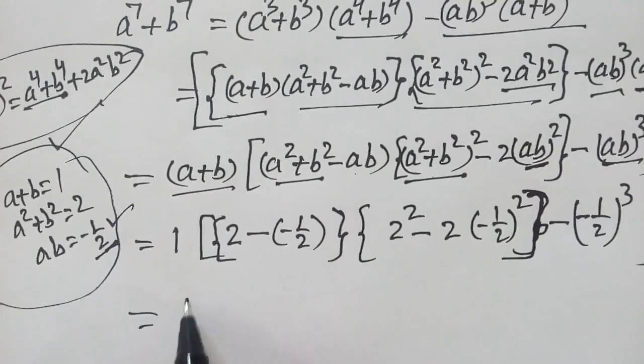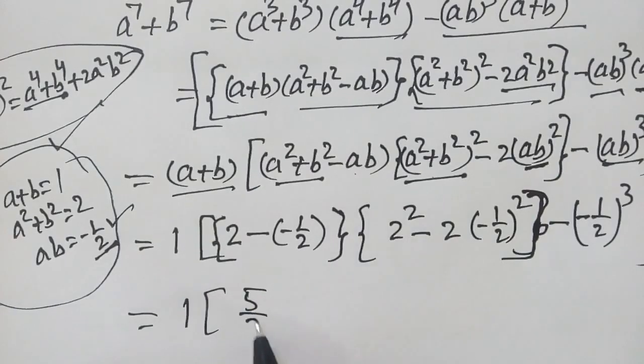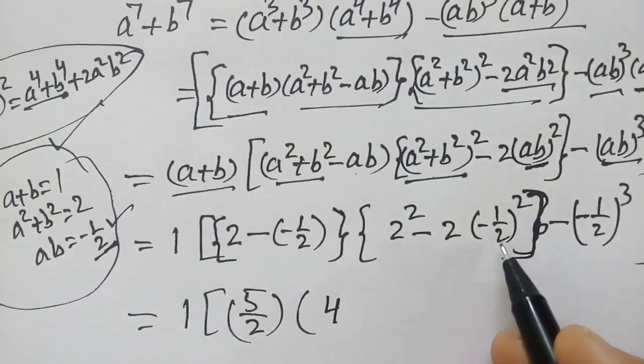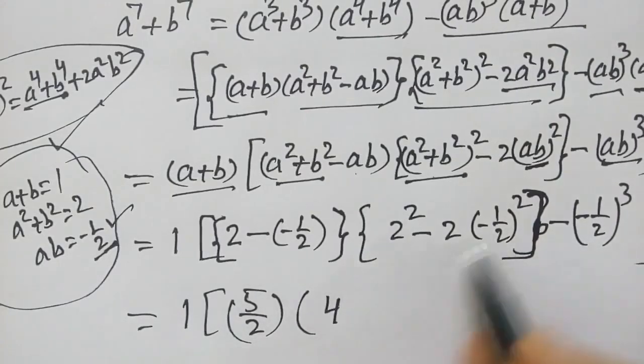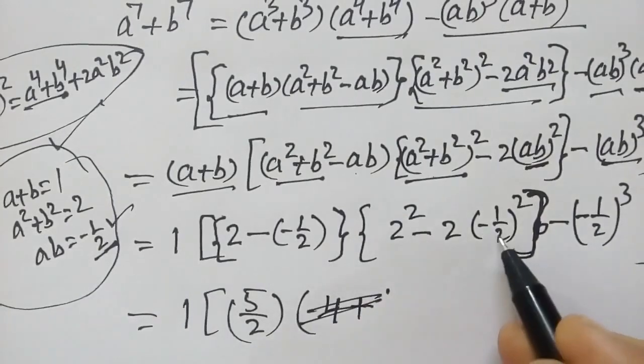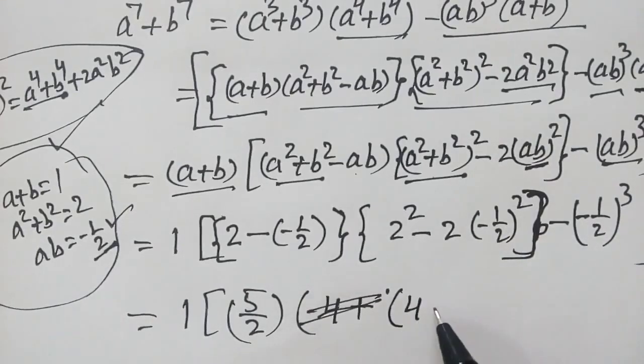Now 1 times (2 plus half), 5 by 2, and this 4, and this will be half, plus sign, plus half. Sorry, I am extremely sorry, this will become plus, so this will be 4 minus half.